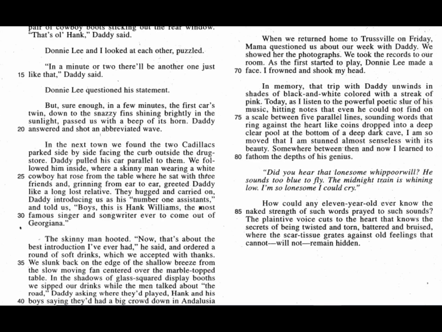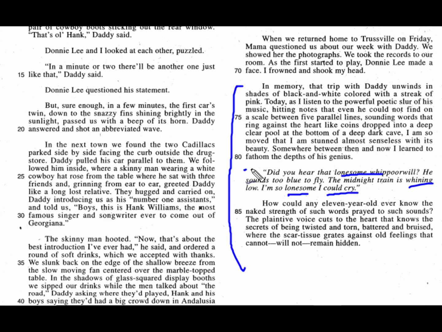All right, now go back to that last couple of paragraphs, and you just want to see in here, we're looking for some type of appreciation. All right, so I'm just doing exactly what I would do. I'd look in here: memory, the trip, daddy reminds, powerful poetic slur, the music, the scale between a deep carved cave, and so on. Did you hear loneliness, lonesome, whining, I could cry, lonesome, all right?